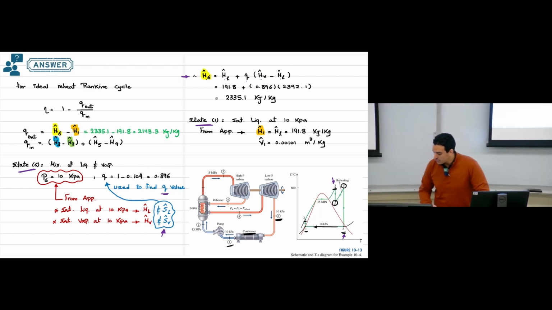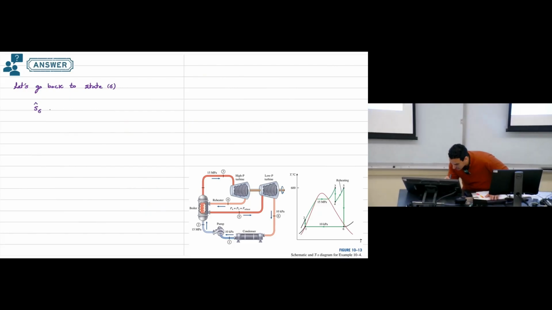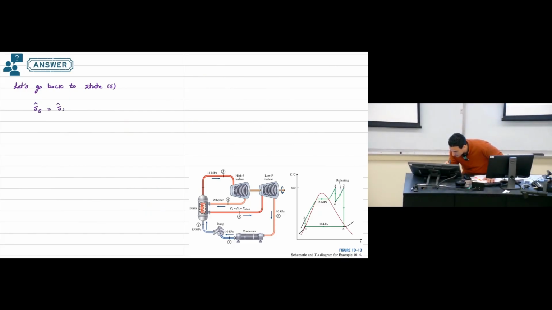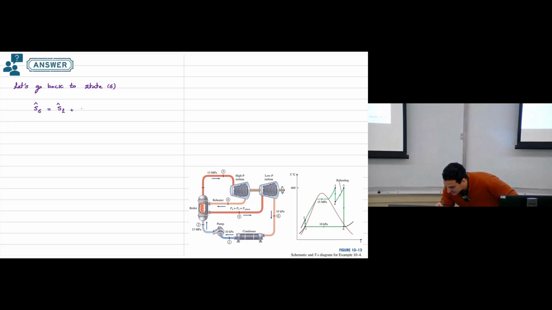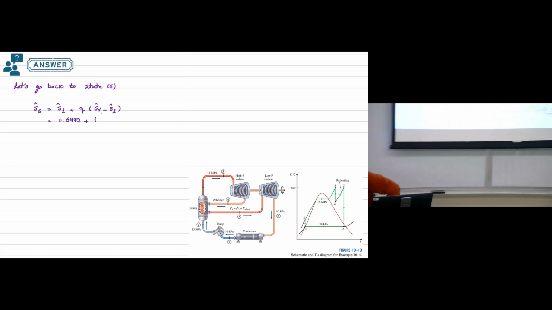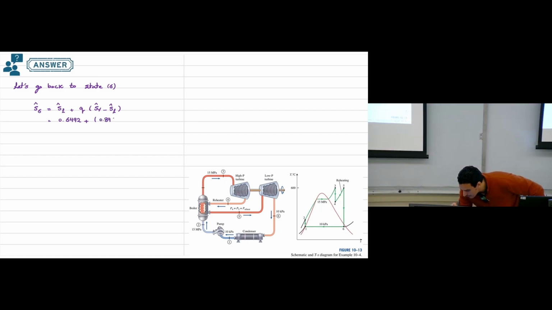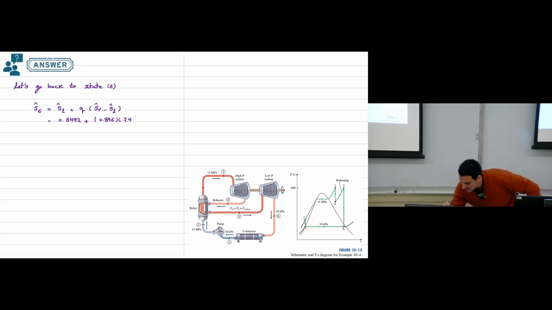Okay, so we have S of liquid, we have S of vapor, so we have this equation. S of L will be the specific entropy of saturated liquid at 10 kilopascal, condenser pressure, plus Q times S of vapor minus S of liquid. If we put some numbers here, we will have 0.6492 plus Q, 0.896 times delta S, 7.4996.